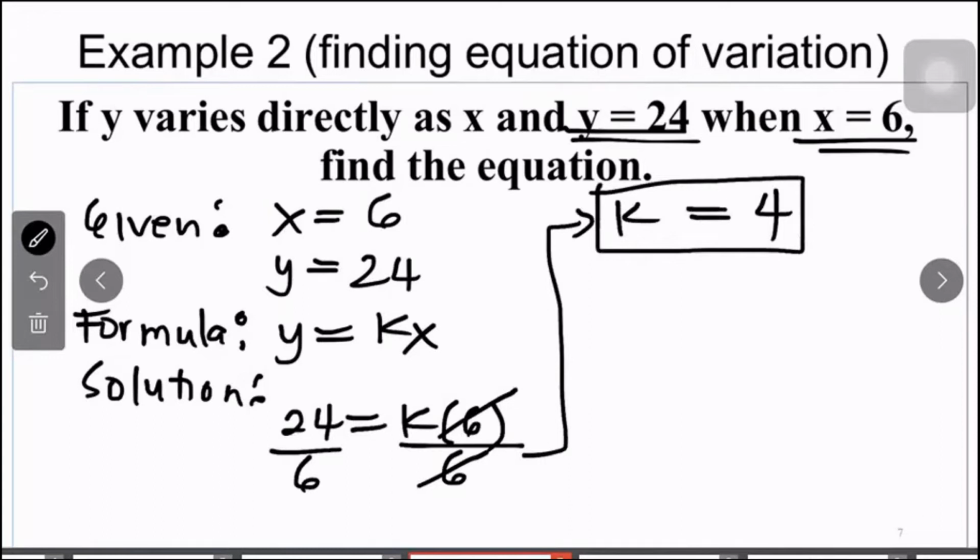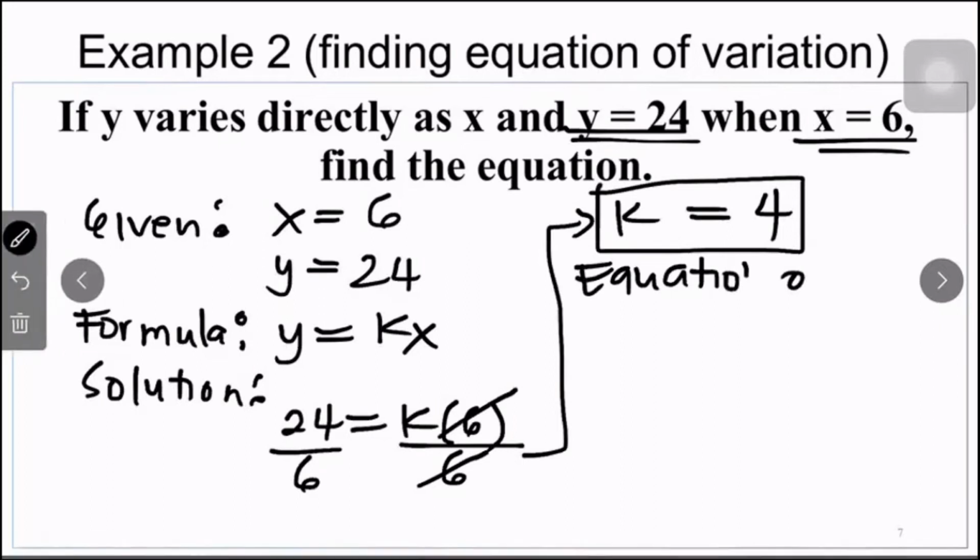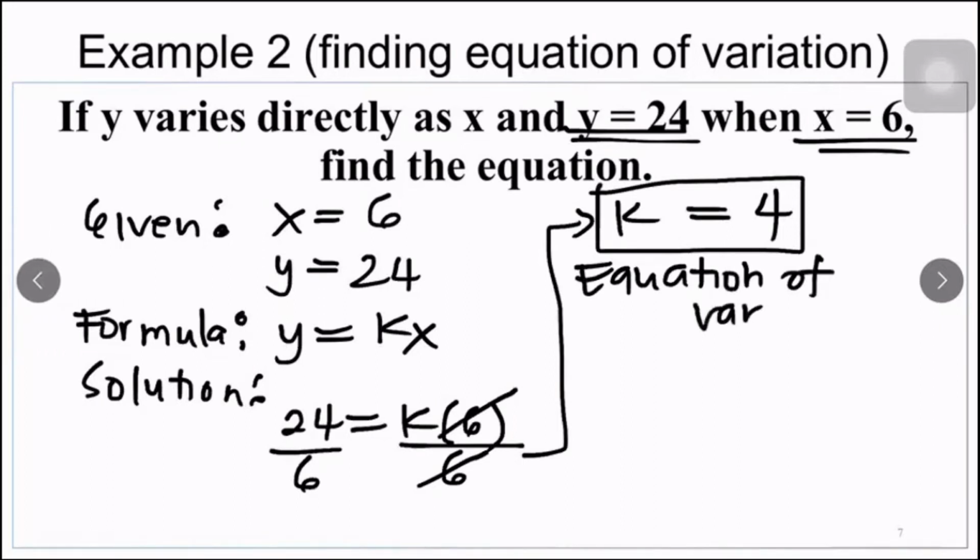Now, since we identified that the value of k is equal to 4, let us move to our equation of variation. We will just substitute the value of k to our formula.